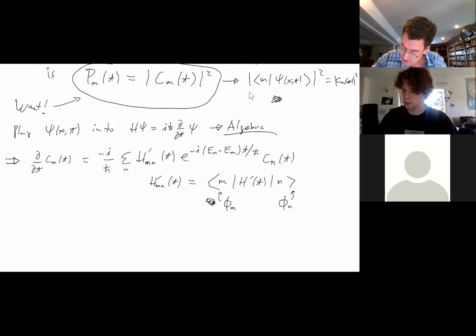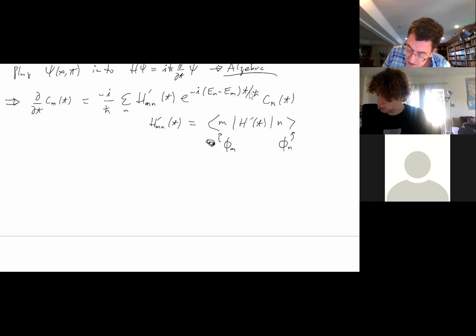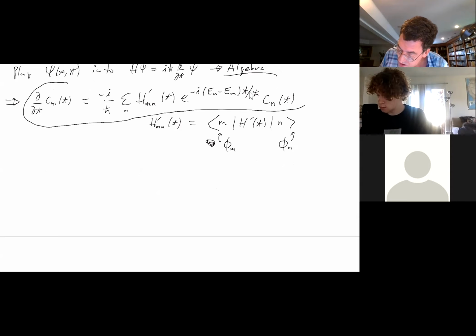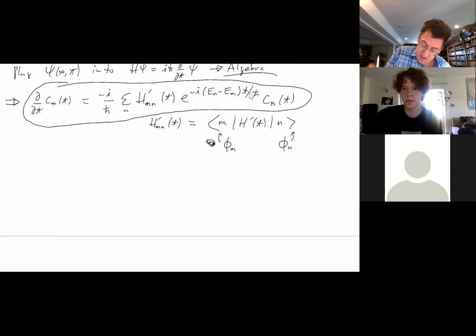Now here's the thing. This is the big result. This is like our most important big result so far. And when you look at that, it's like a confusing mess, at least it was for me when I first saw it. You look at that equation and it has no intuition for you. But actually, I want to give you a little bit of intuition for this equation.